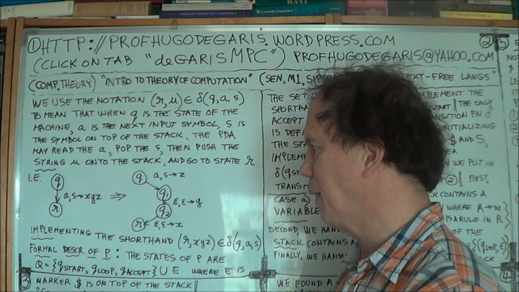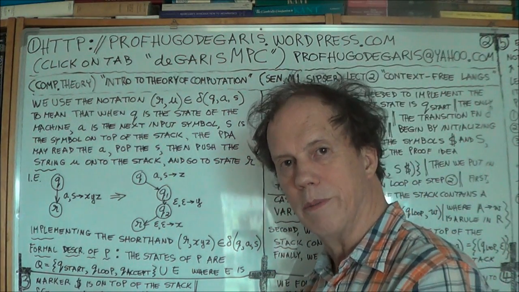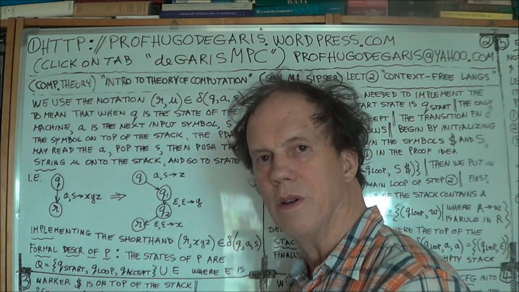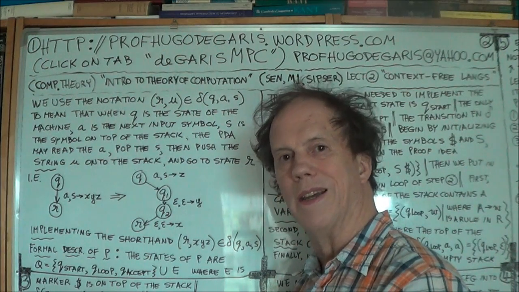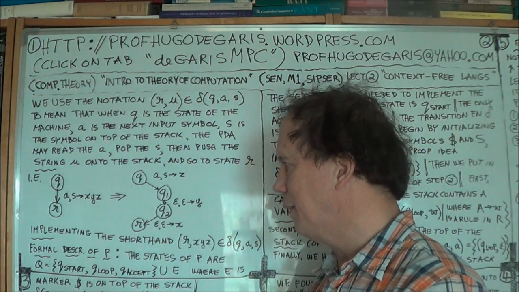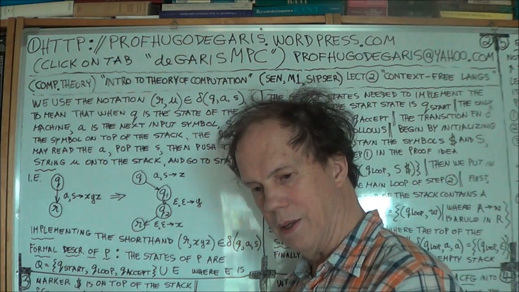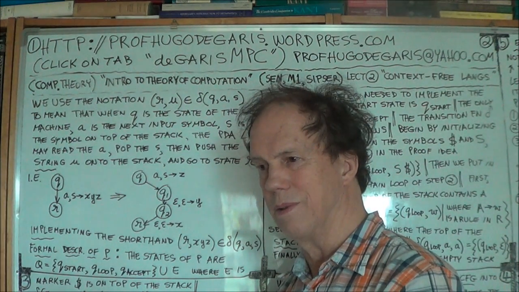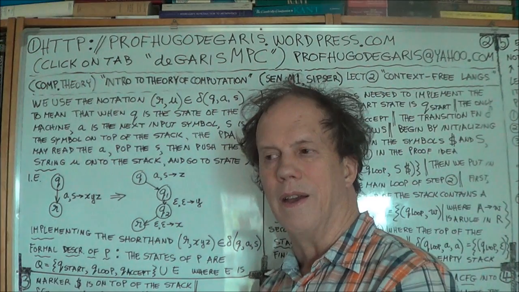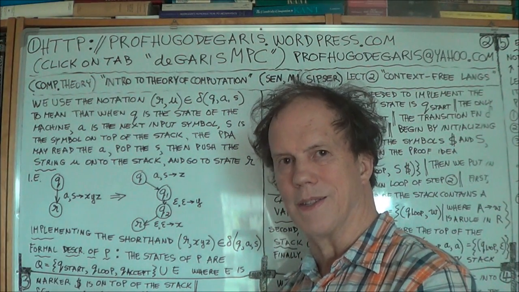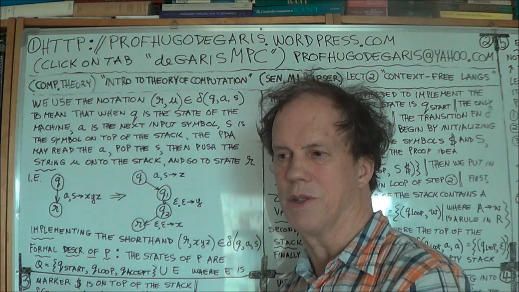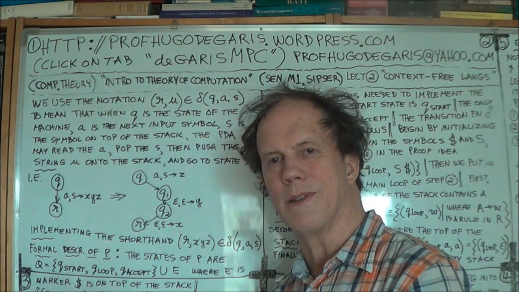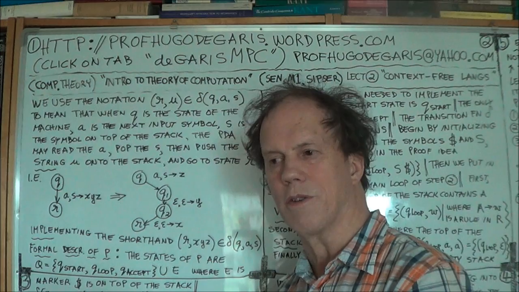Now we can get onto the formal description of this PDA, this non-deterministic PDA. Now, it's a PDA, it has a stack. It's the nature of a push-down automaton. That's what push-down sort of means. So it'll have a sixth variable in its formal description.